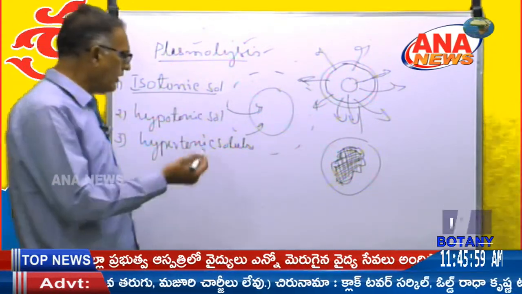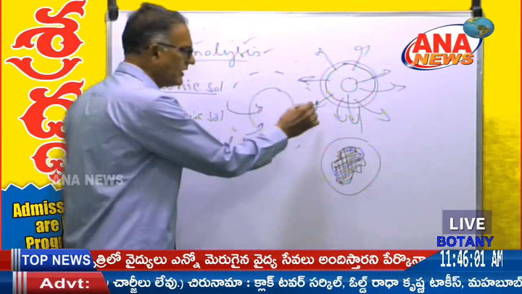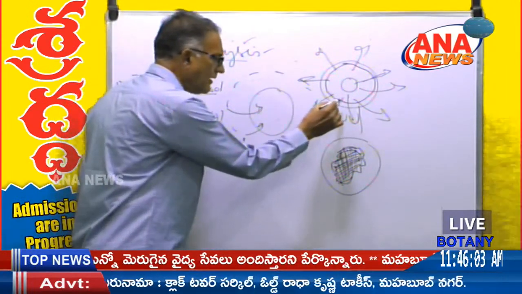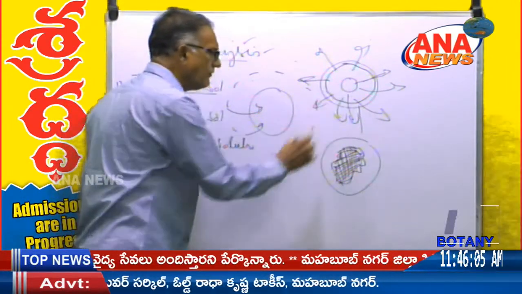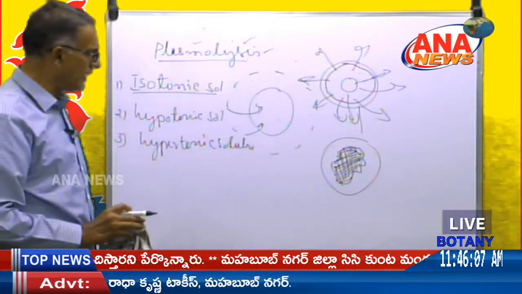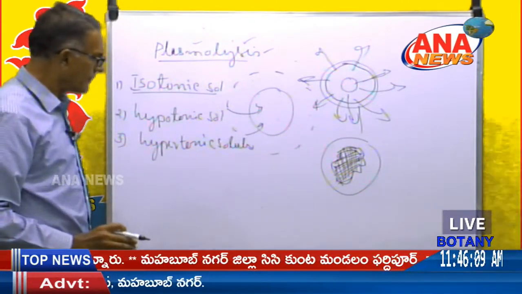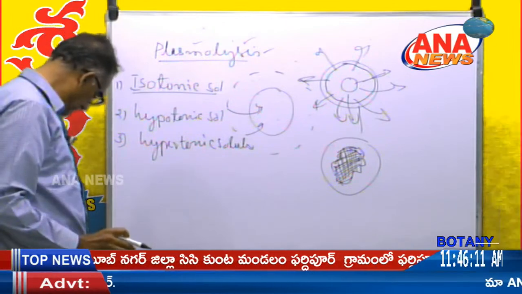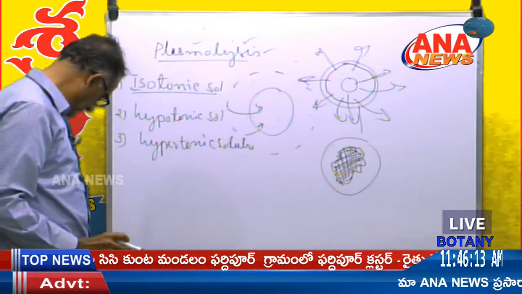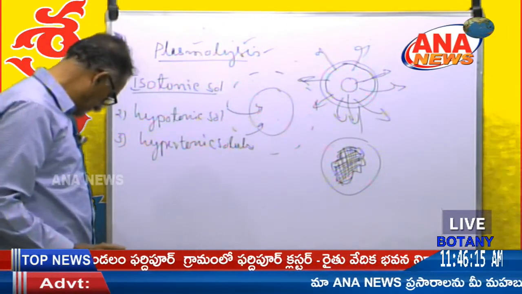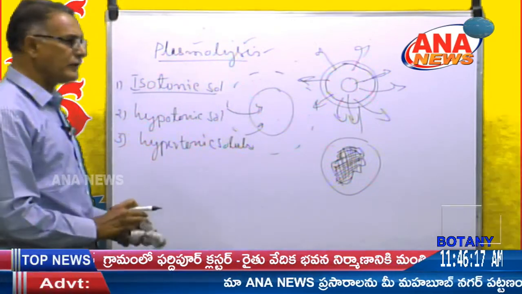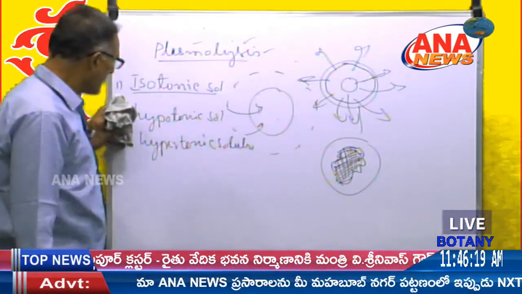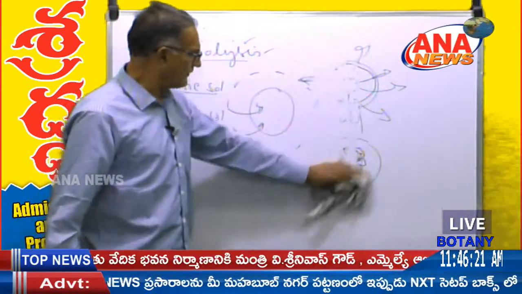The water comes out first from the cytoplasm and later on from the vacuole.